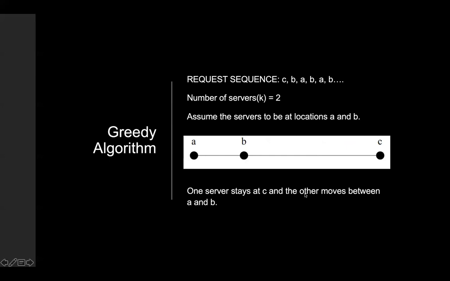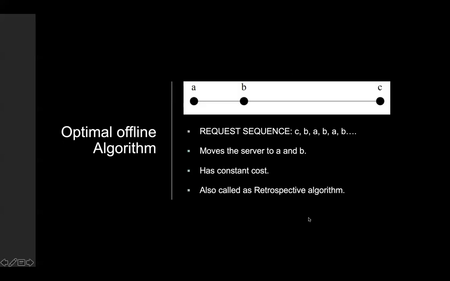To understand the competitive ratio of the greedy algorithm, we will look at optimal offline algorithm, which assumes that it has all input or request sequence beforehand. For the same example, if you would already know that except for the first request, all the others would be AB, then you would place the servers at AB initially.